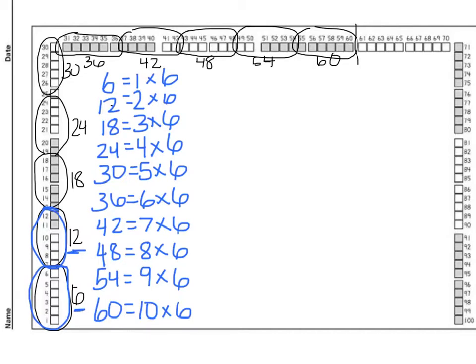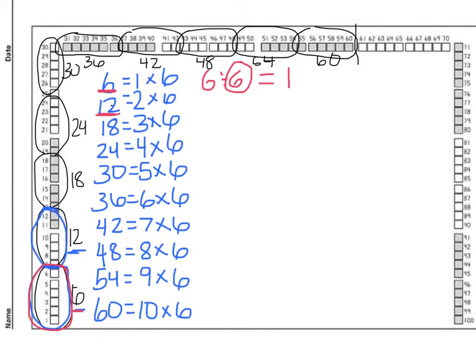Now let's write our division equations. Now when we're dividing, we always start with the total. And so 6 divided by 6, because that's our count by today, equals, and of course we look over here, and when we have 6, we just have one group. So 6 divided by 6 equals 1.